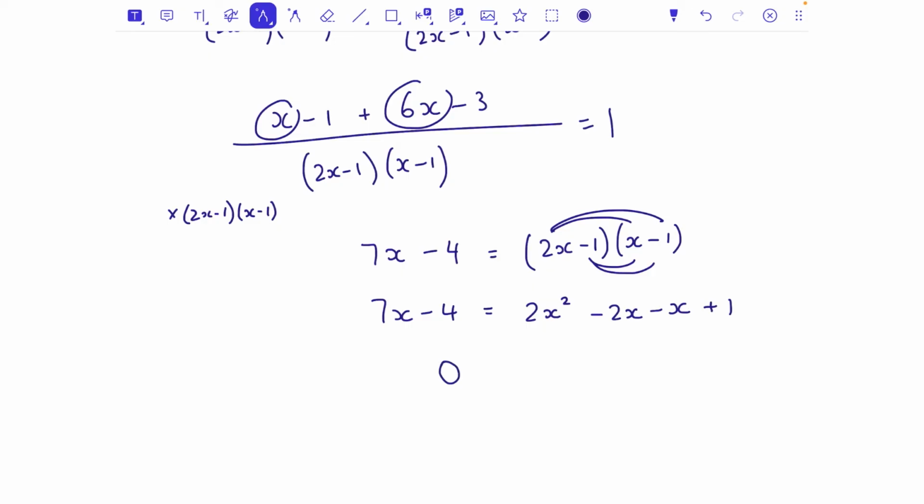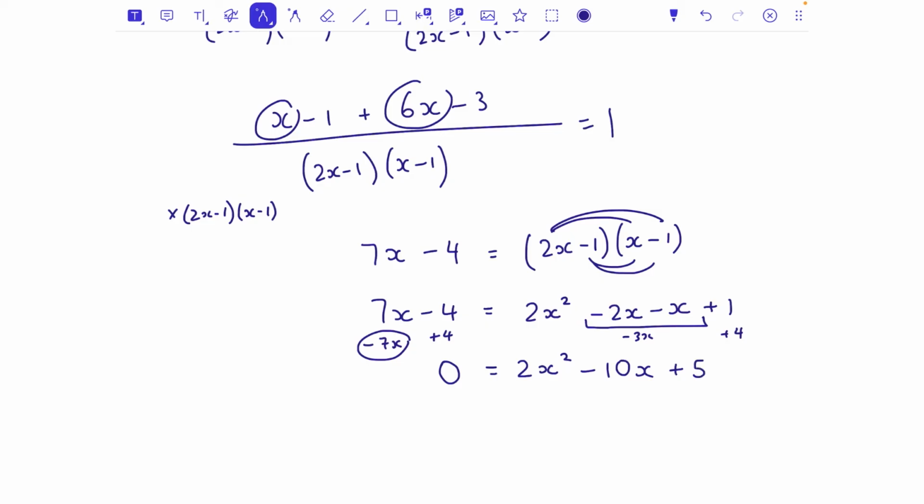And I want to make this equal 0 because it's a quadratic, and that's how we would go about solving it. This makes minus 3x, and then I'm taking 7x away from both sides. If I've got minus 3x here, and I'm taking away another 7x, I'm going to go down to minus 10x. And then I also need to add 4 to get rid of that minus 4, and adding 4 here gives me plus 5.